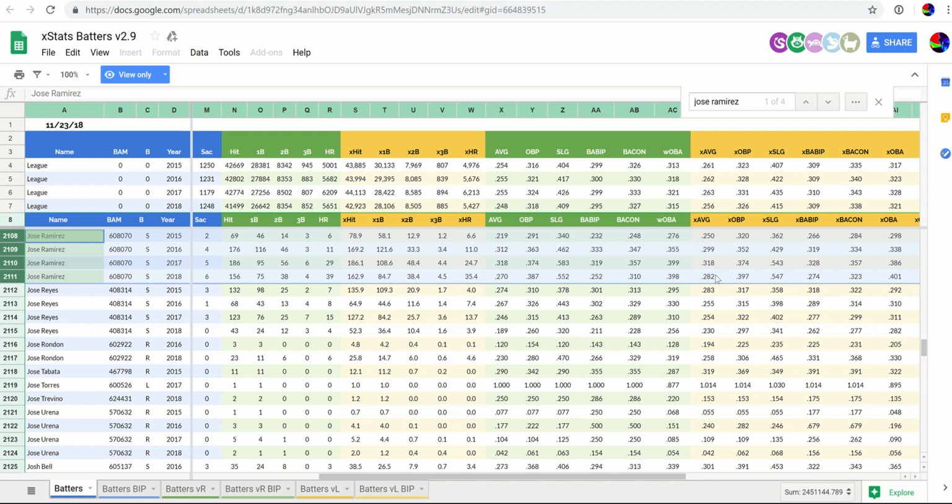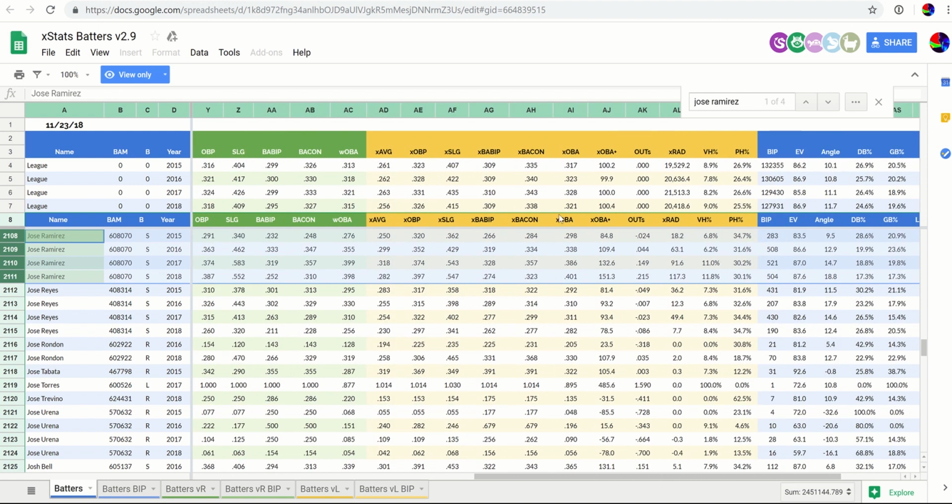If I was looking this over, I might consider the expected average more of the true talent level of batting average, and the .270 maybe some bad luck that he experienced, at least from a batting average perspective. And then you can always look at the xwOBA over here to get a sense: .401 versus a .398 wOBA. So they actually have him underperforming slightly, but so close that it's right on there.